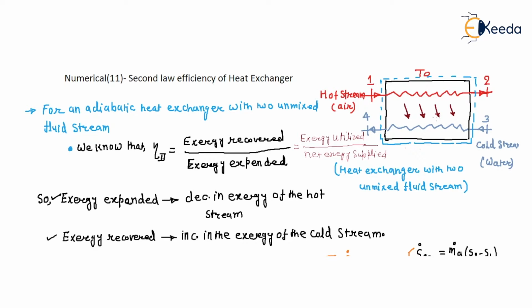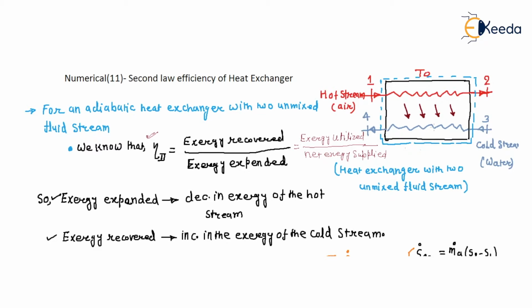So which fluid will have exergy utilized? The cold fluid. So it is the increase in exergy of the cold stream. So mind it, that means exergy gain by the fluid divided by exergy loss by the fluid, right?